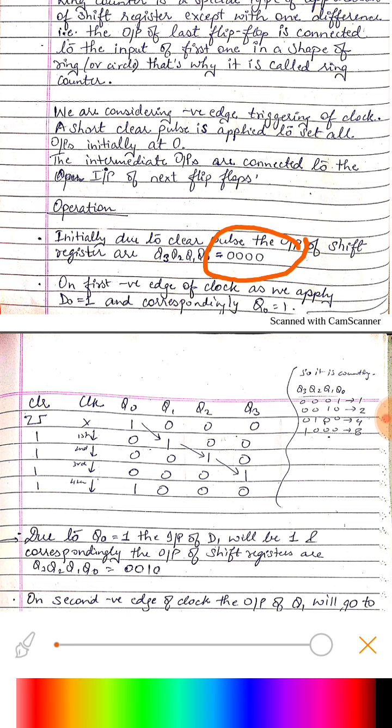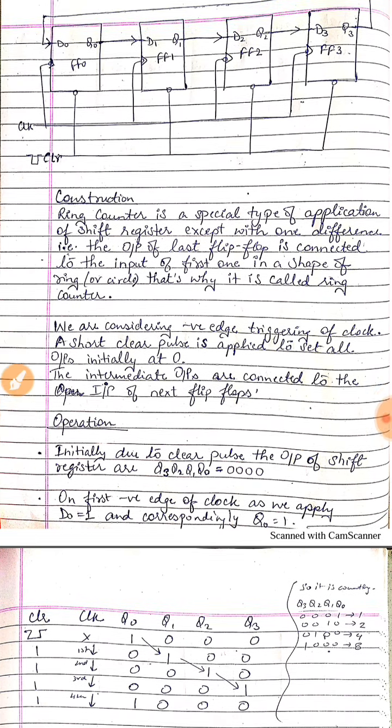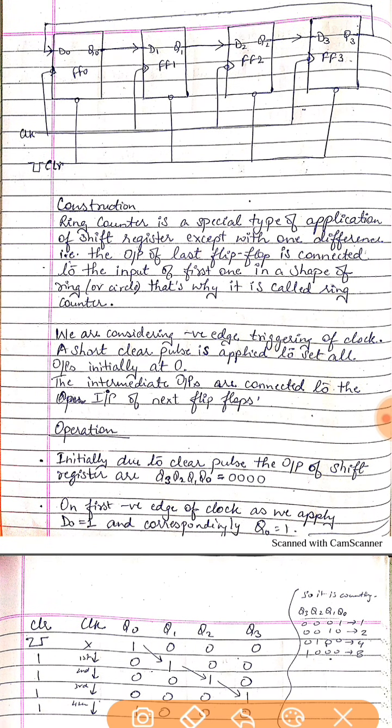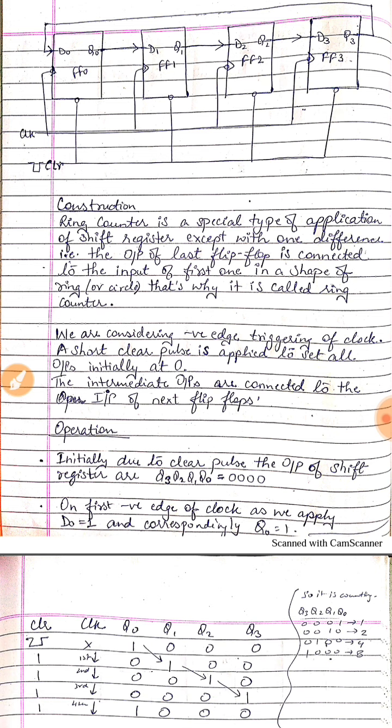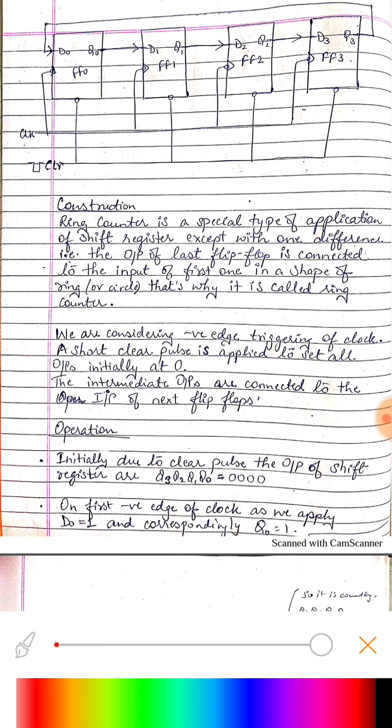So if I apply 1, it will get stored in the first flip-flop, its output would be 1, and all the other ones are 0, so it becomes 1 0 0 0. Q0 has become 1, others are 0.